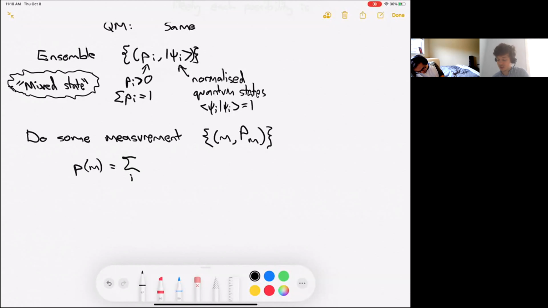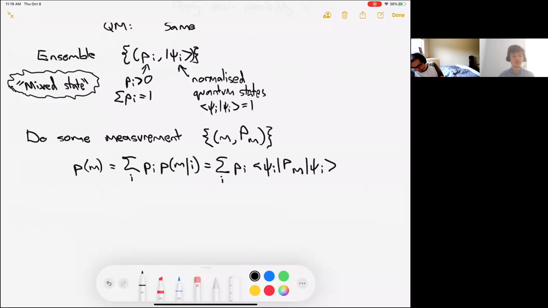All we do is sum over all the possible states i, and then we have p_i multiplied by the probability of getting m conditioned on the state being psi_i. For p of m conditioned on i, we can just apply the ordinary measurement postulate for the probabilities of getting different measurement outcomes, and it just says it's <psi_i|P_m|psi_i>.